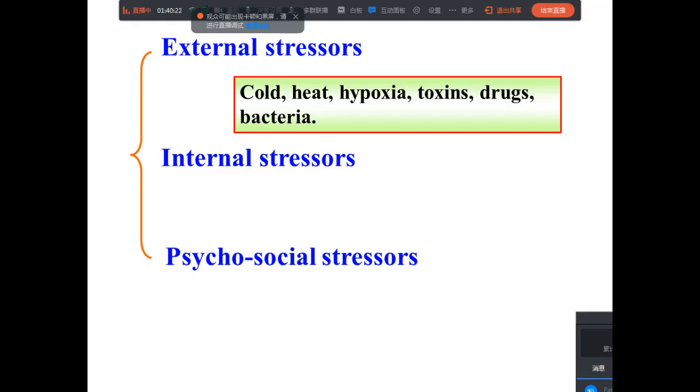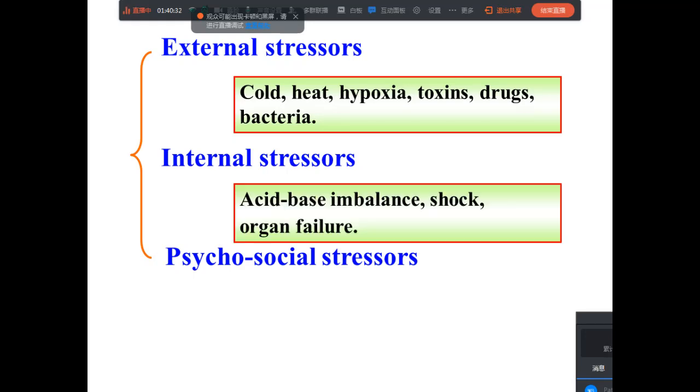Now, these belong to external stressors. Internal stressors may include imbalance of acid-base, water and electrolyte disorder. Now, these belong to internal stressors. Shock, organ dysfunction, organ failure also belong to internal stressors.